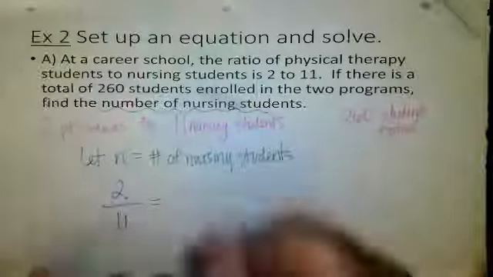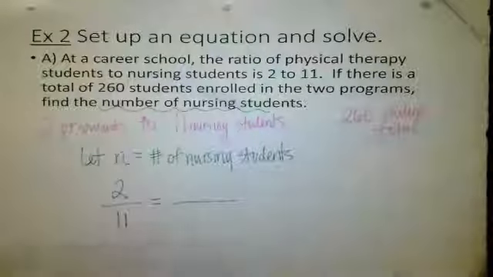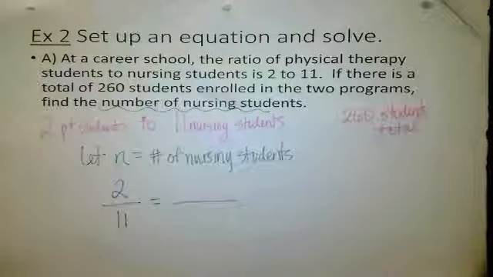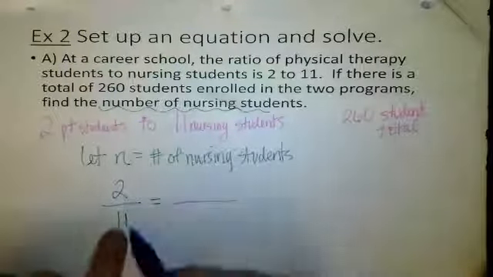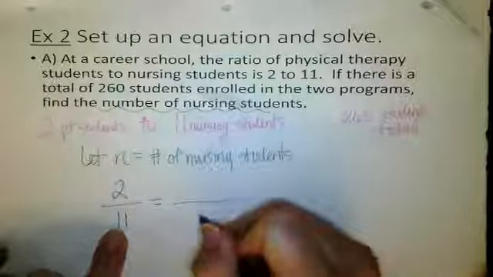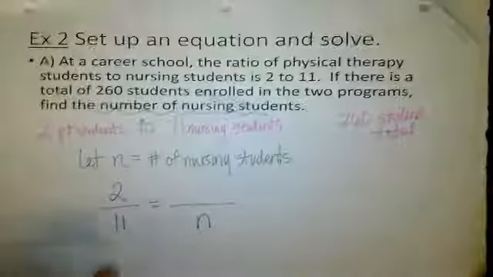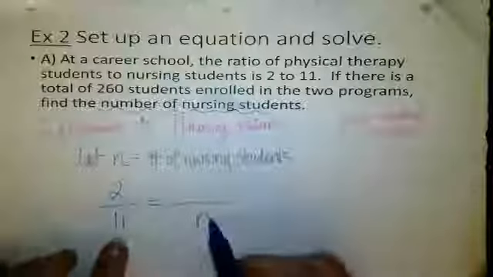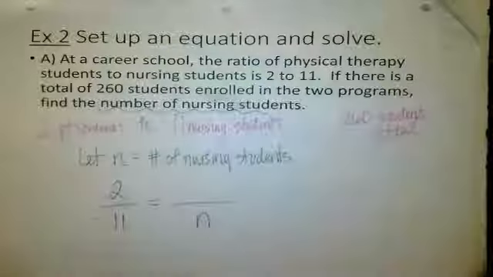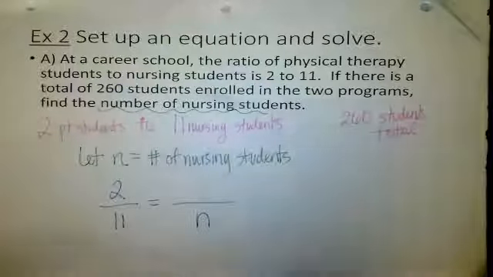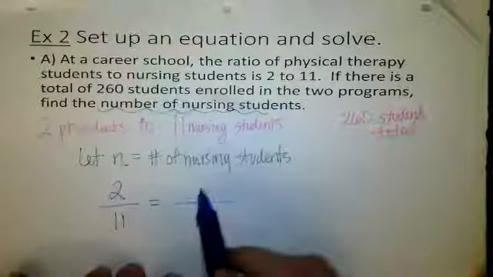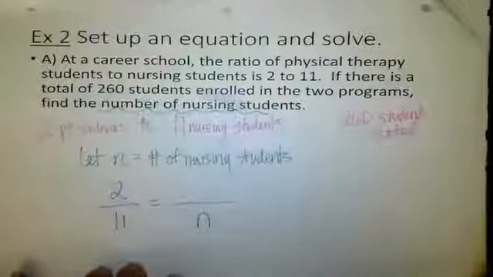So what do I know about our students? So 11 goes with nursing, right? And that's what we're trying to find. So n is to the 11, okay? And then how would we figure out the physical therapy students?